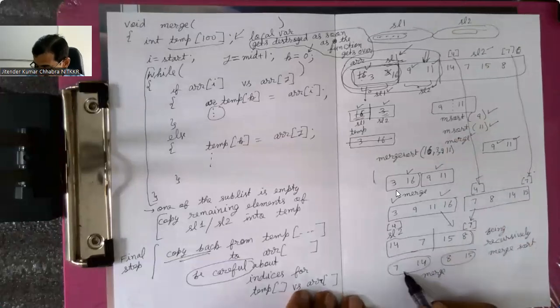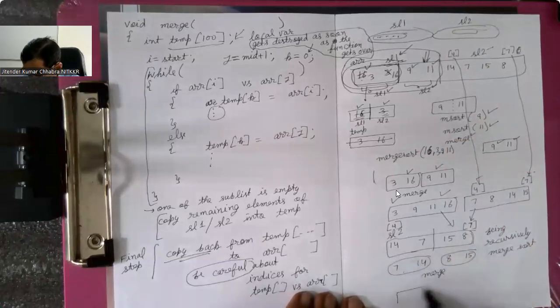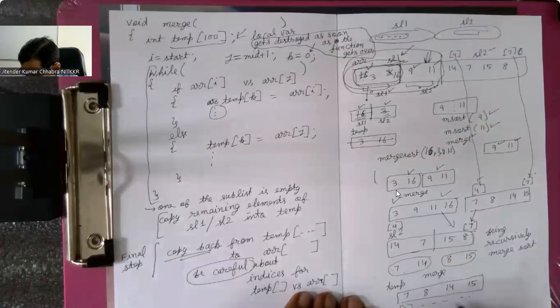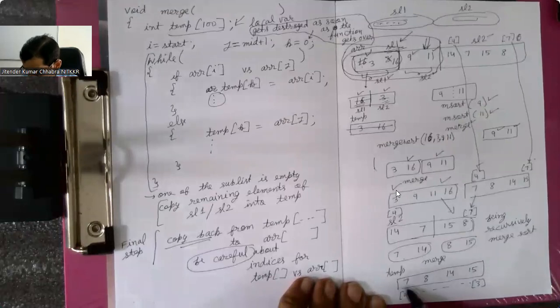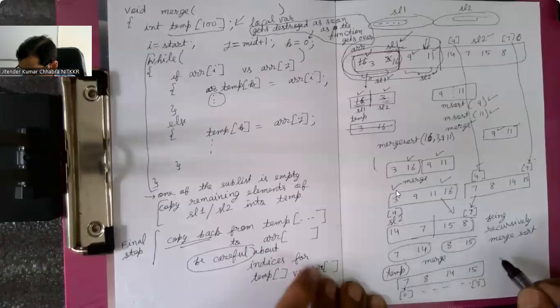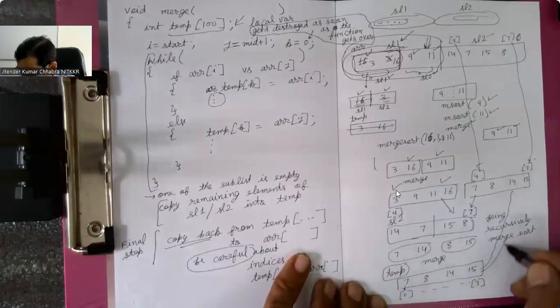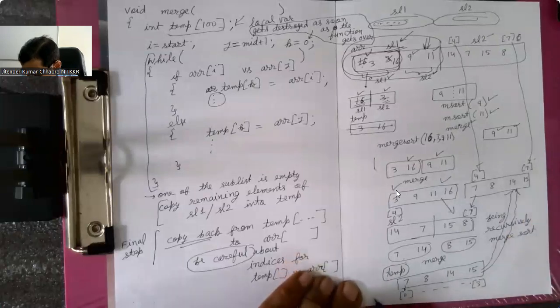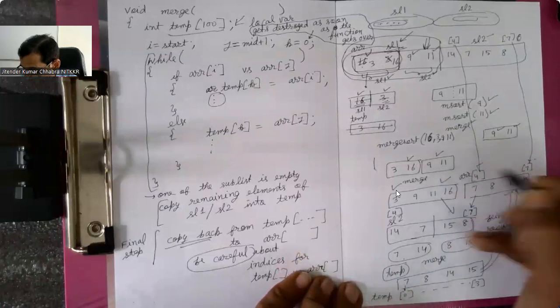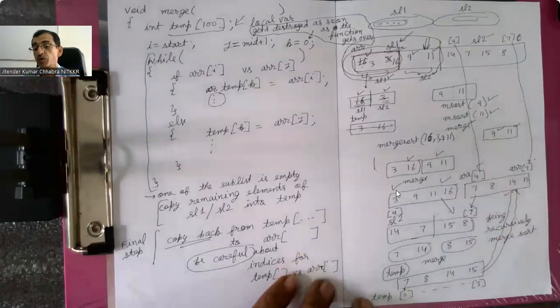But once you merge them together in a temporary array, they will be stored at indexes 0 onwards. So you will get 7, 8, 14, 15 stored at 0 to 3. 7 will be at 0 initially. So they merged together into the temporary array here, while copying back, your indexes in the temporary array are temp 0 to temp 3, but here the indexes must be ARR 4 to 7.